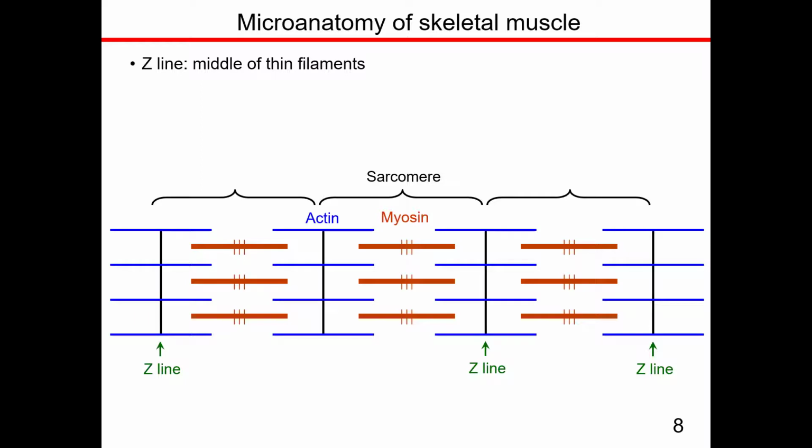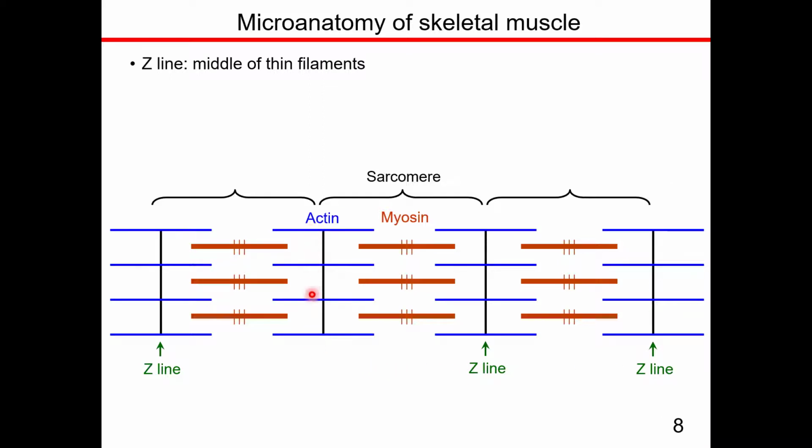I'm going to use this schematic diagram of the actin and myosin filaments in order to demonstrate how they slide relative to each other during muscle contraction, and then we'll look at how the myosin heads actually walk along the actin filaments. So just like you saw in the previous slide, we have the Z line, which is the middle of the thin filament. So here's Z line of one sarcomere, Z line of another sarcomere.